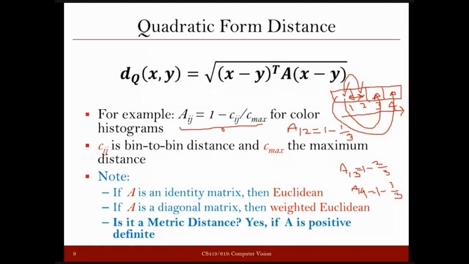Right. So according to this formula, you see that we give the highest importance to A12 because this is the highest value you get here. Next highest is this one. This value is 0, so the farthest one gets 0 credit or 0 weight. And as you move closer to the bin which is under consideration at this moment, the weight increases.